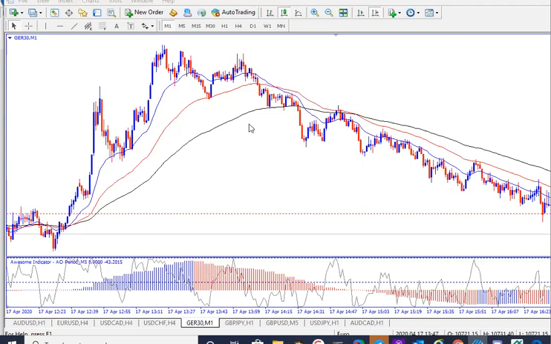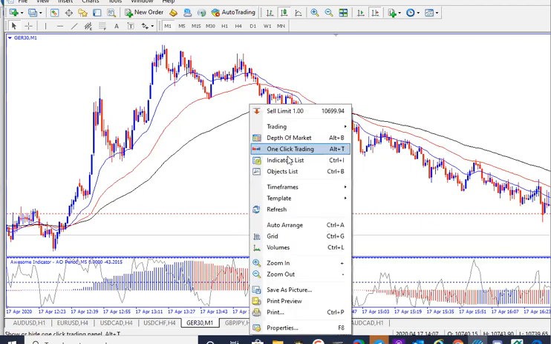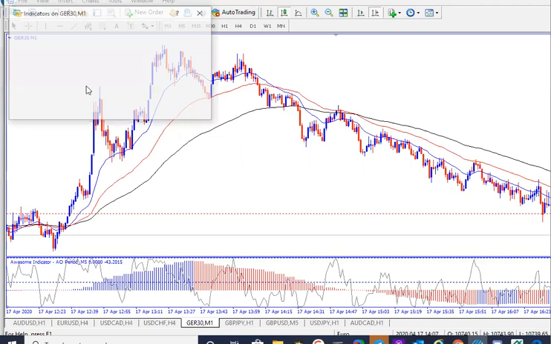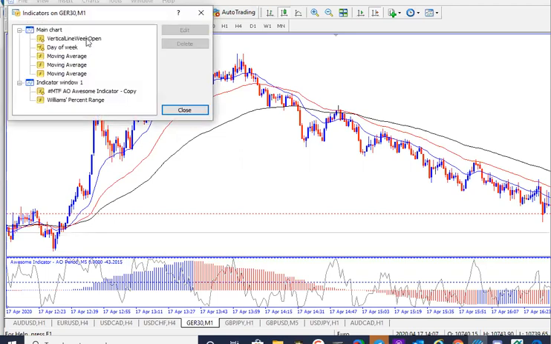So if I just pull up the indicator list, forget the day of the week and the vertical week open. The main indicators are the 20 period exponential EMA, the second moving average is the 50 EMA, and finally the 100 EMA.